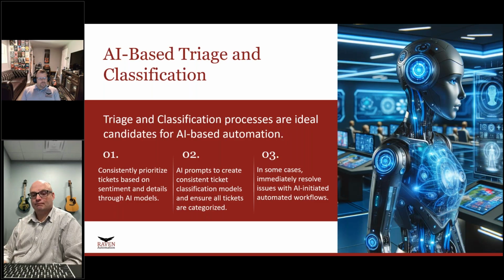Two, you can use those AI prompts to create consistent classification models based on your list of types and subtypes, so that will ensure that all of those categorizations are handled consistently.